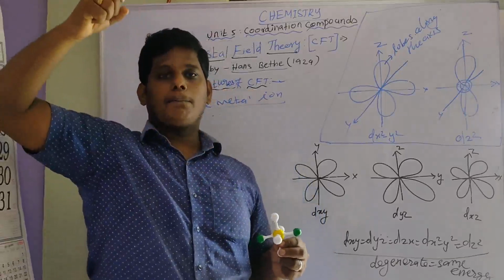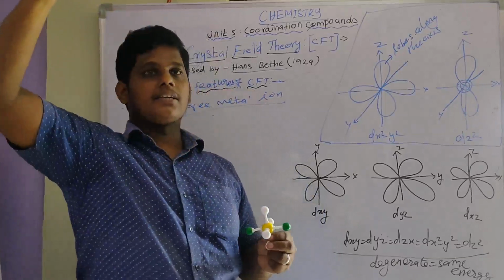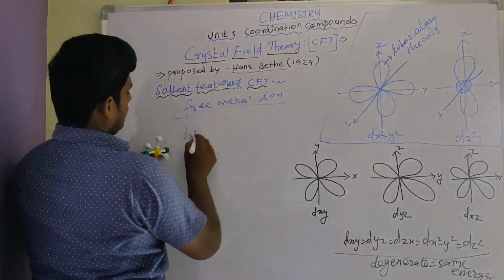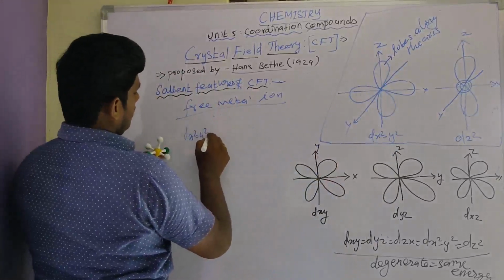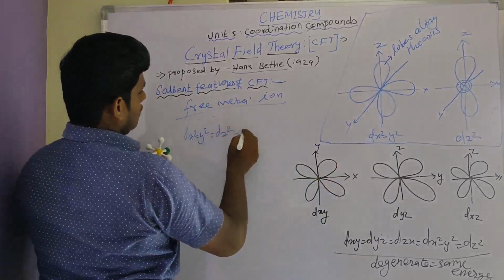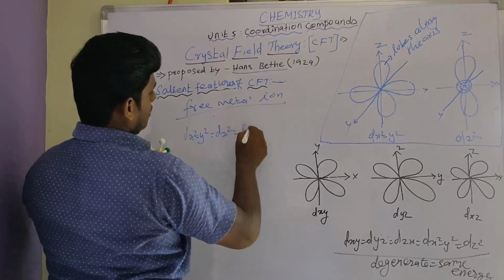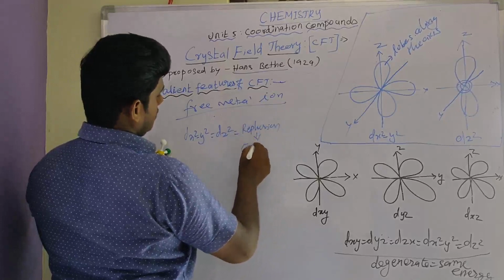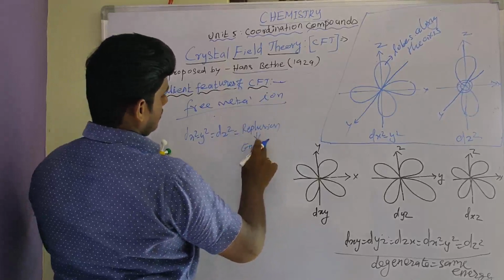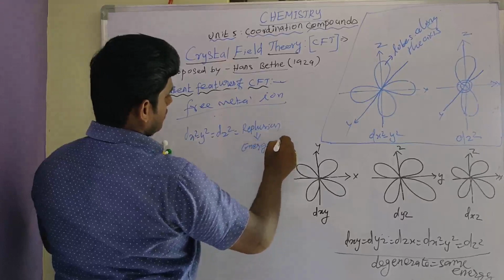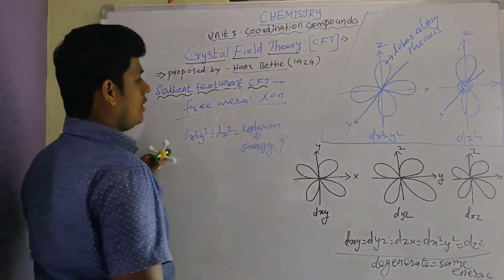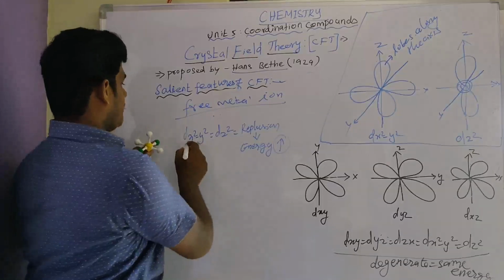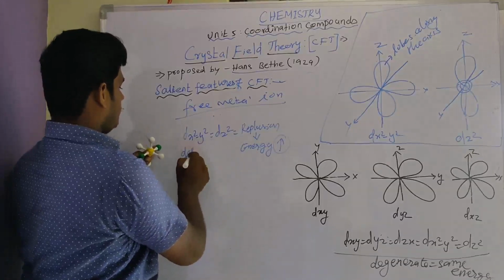With high repulsion the energy increases, so dx square minus y square and dz square are destabilized.